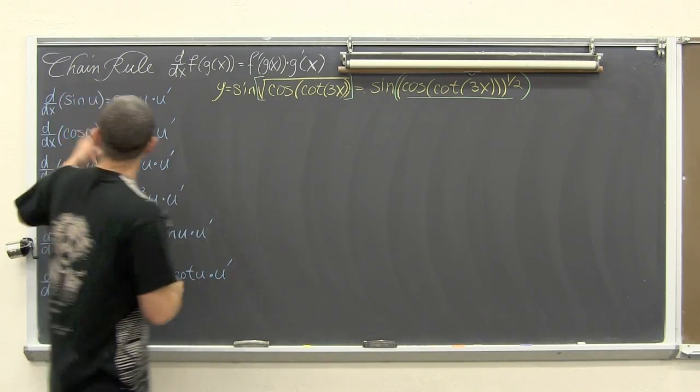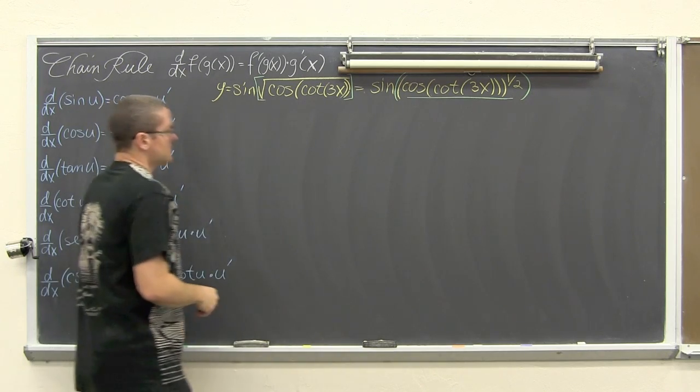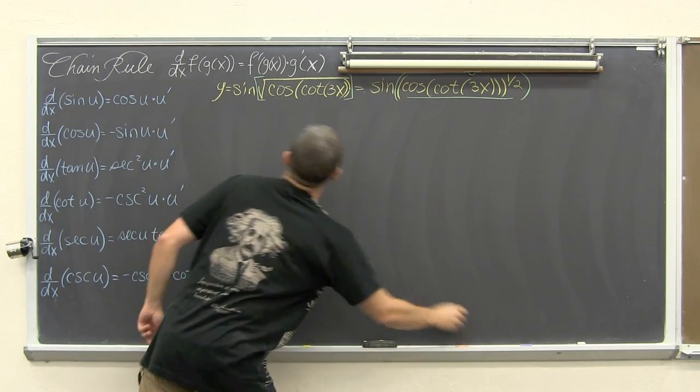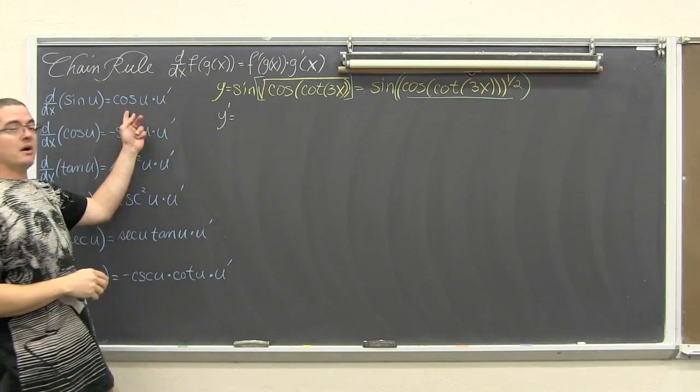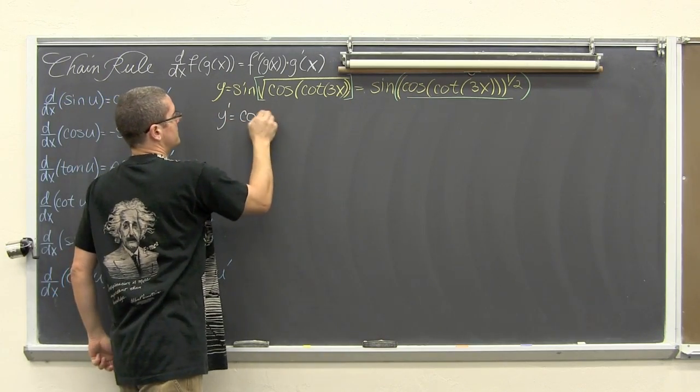The derivative of sine is cosine. So we have y prime: the derivative of sine is cosine.